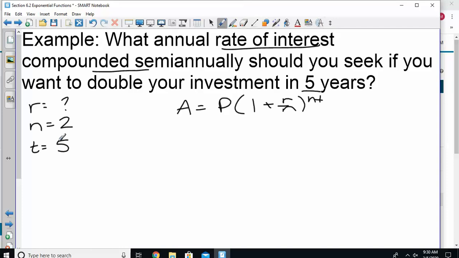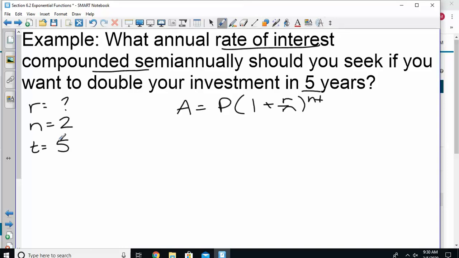So I didn't tell you A and P. What are we going to do for those? Guess. If I started with $10, how much am I going to end with? 20, because I'm doubling.